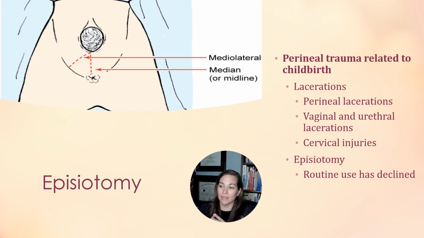The problem is that these bleed a lot, and it can be very difficult to tell where the bleeding's coming from, because it's vaginal bleeding, it's postpartum, so there's bleeding there, but you don't really know why until you roll it out and think logically.